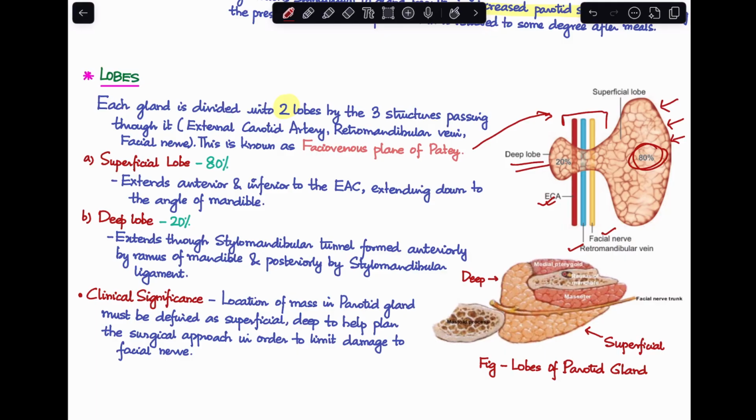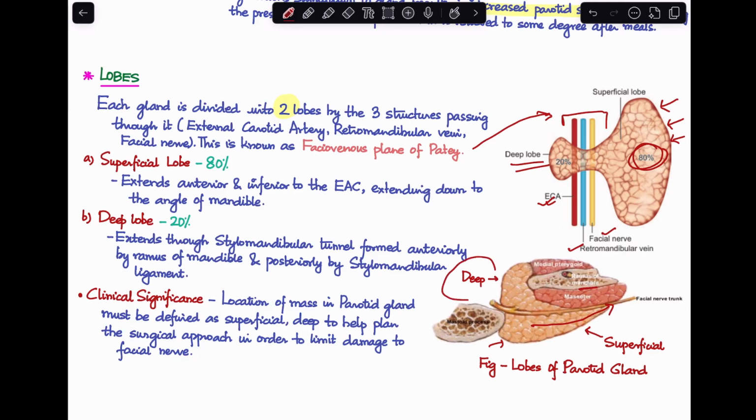Now, the superficial lobe, if you see in the second image over here, this is the superficial lobe. It extends anterior and inferior to the external auditory canal, and then it extends down to the angle of the mandible. So you can see that this is the mandible. The gland extends like this in this direction.